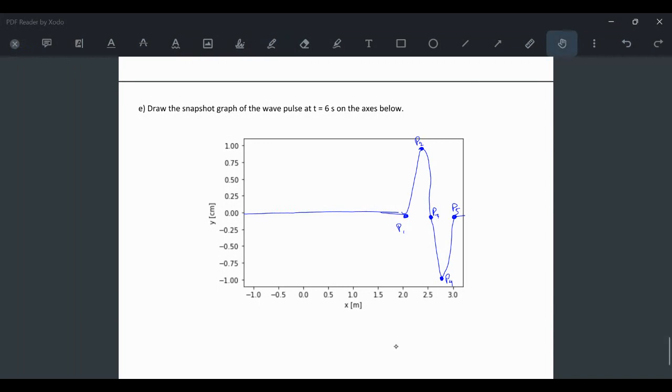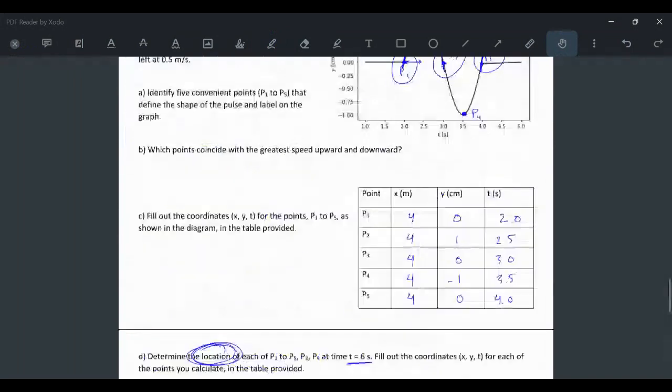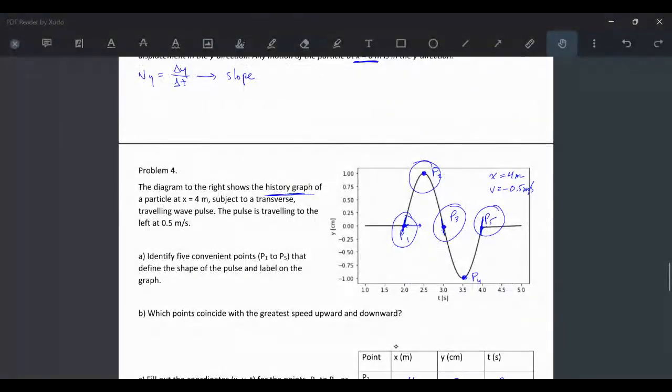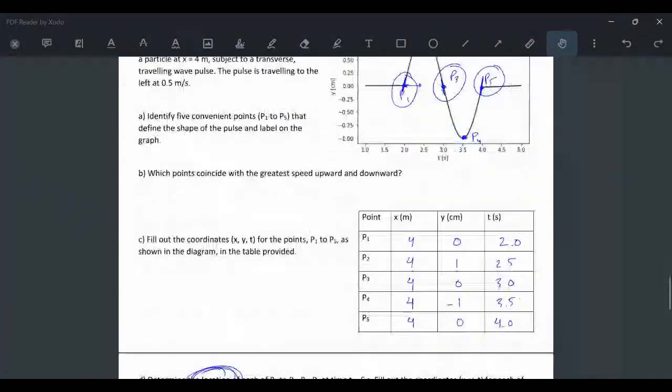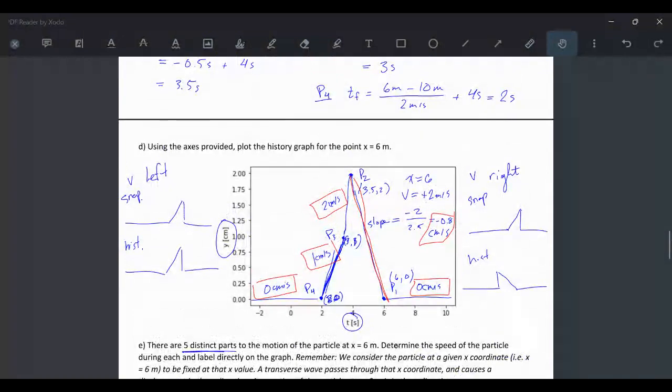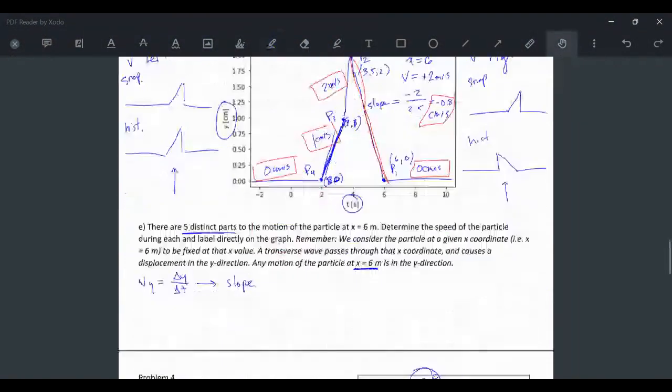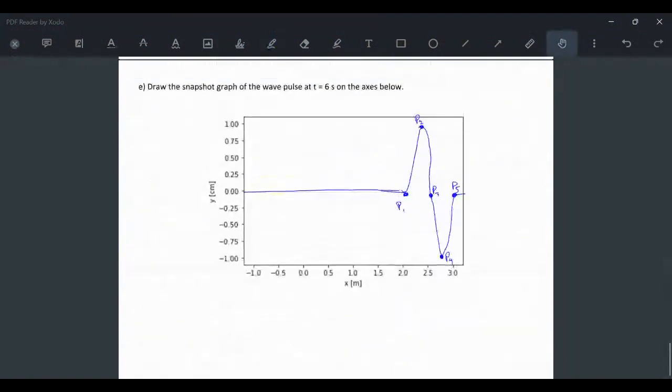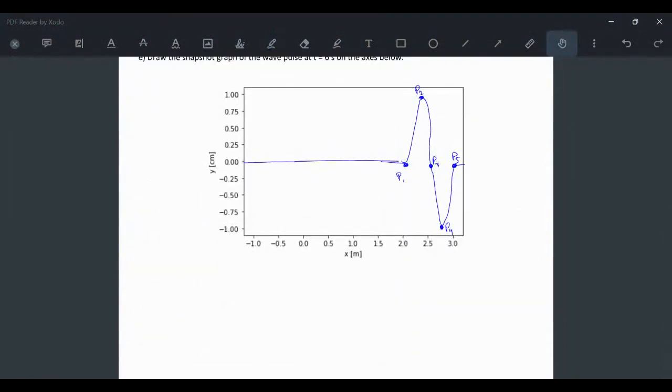If we read this with our eyes from left to right, we go through a crest and then we go through a trough. So the shape is the exact same as we had here. The orientation of these various features is the exact same. It's all consistent. And like I said, if the wave is traveling to the left, you preserve the orientation, and if to the right, we flip. So we had another good example to support that.